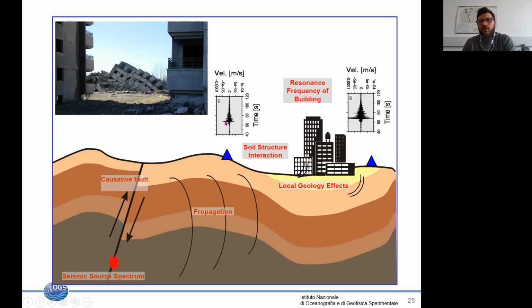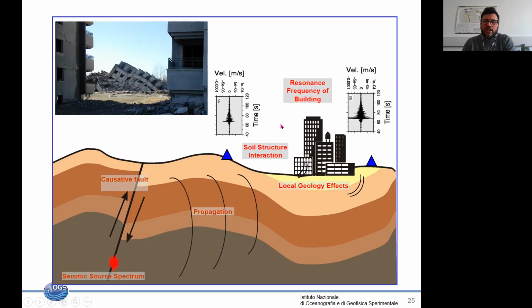Generally, the recordings on the rock site have a maybe shorter duration and smaller amplitude. The recordings on soft, sedimentary materials have much larger amplitude and very often longer duration.